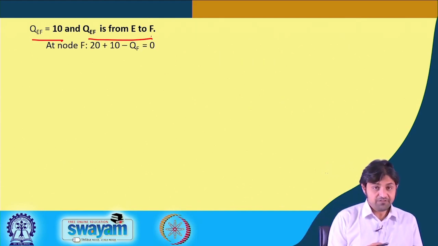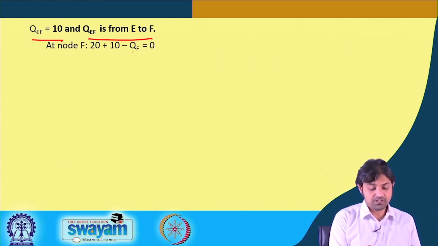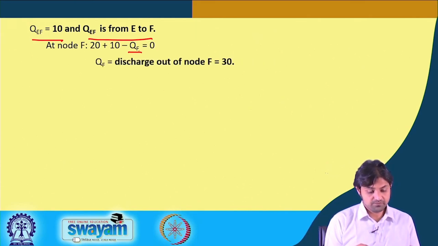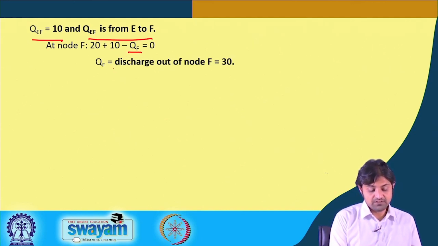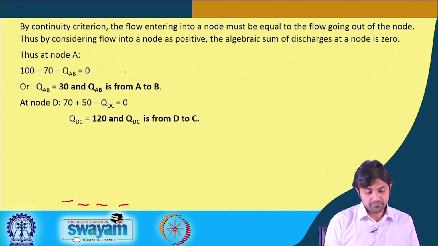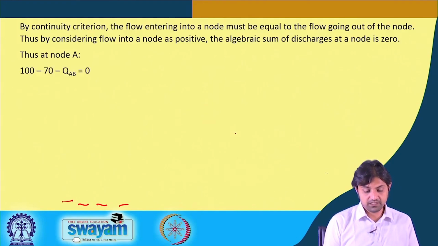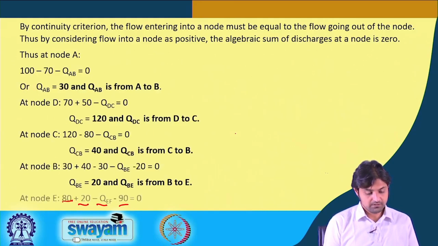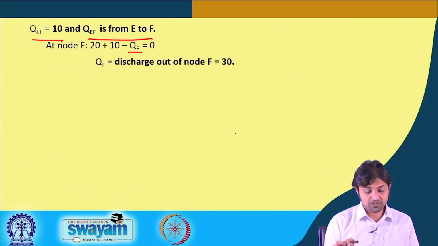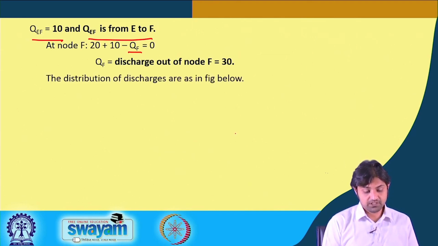So at node F we need to calculate our final quantity QF, that is simply discharge out of node F, okay. So we know this 10 was coming here, so 20 plus 10 and that will be simply 30. So simple application of continuity equation, that comes 30.